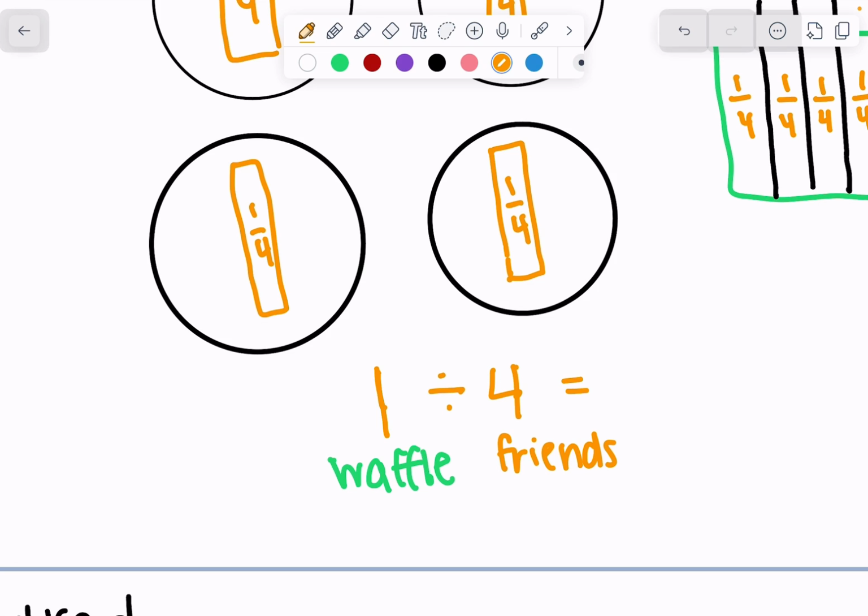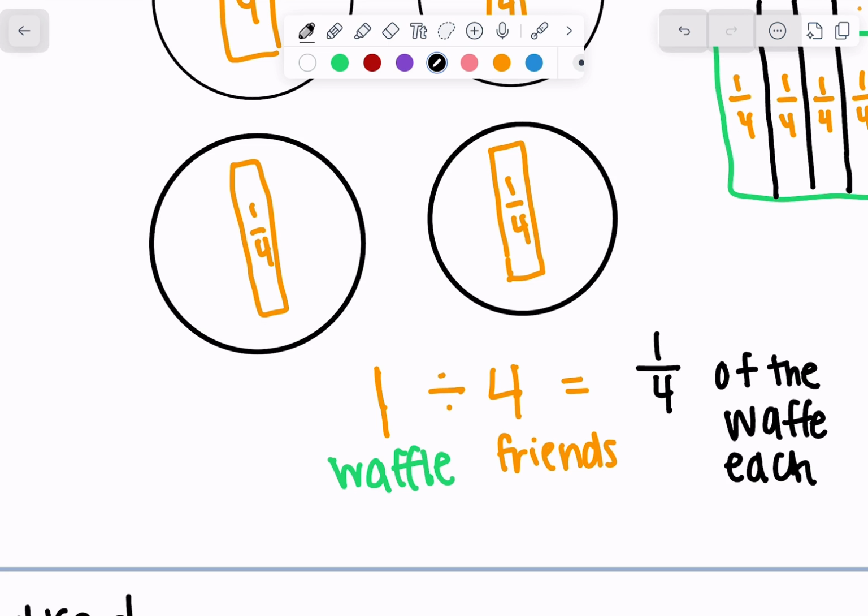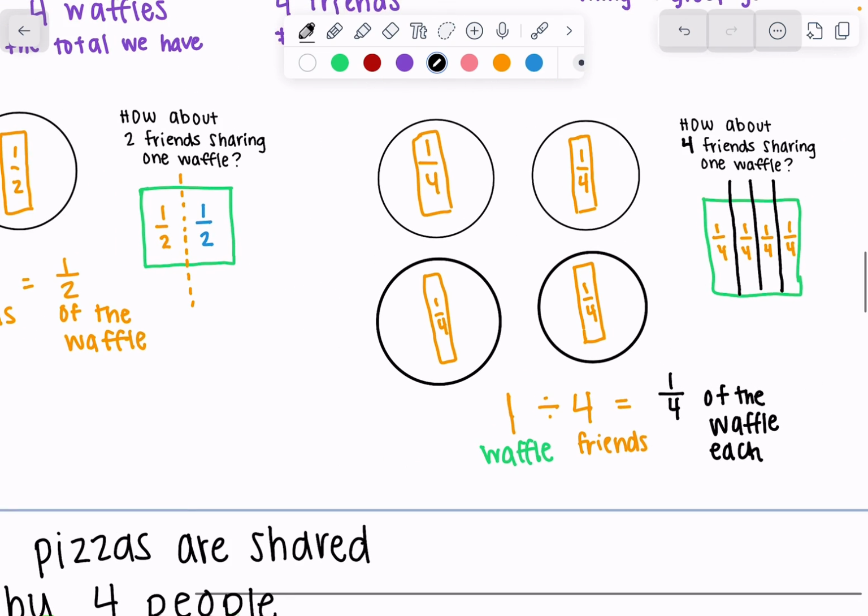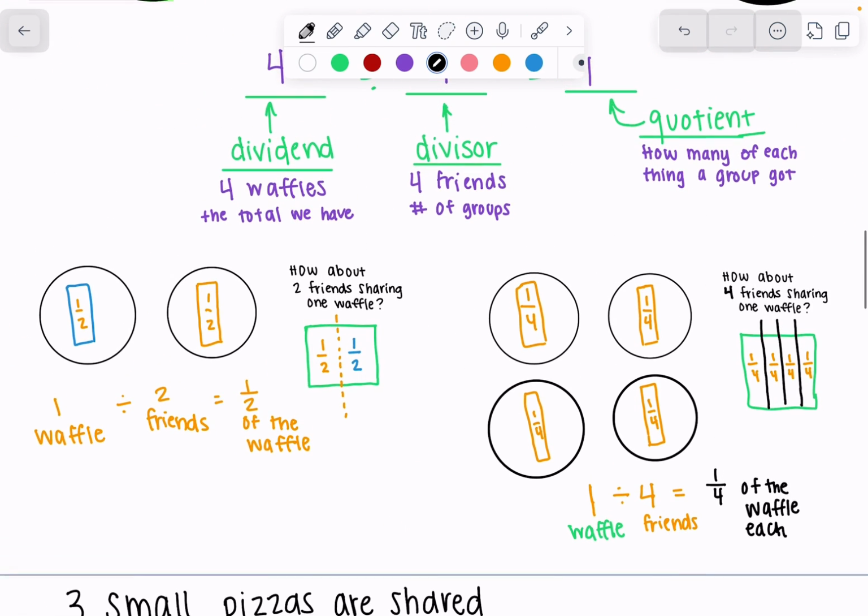And each of those 4 friends, or those 4 groups, got 1/4 of the waffle each. And I just completely misspelled waffle. I'm so sorry, guys. Okay, so 1/4 of the waffle each.